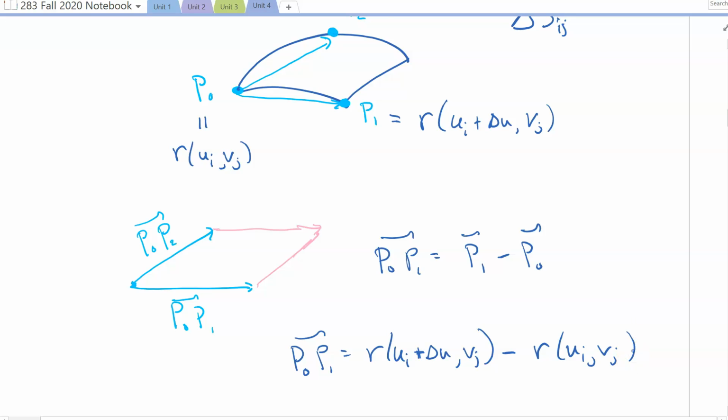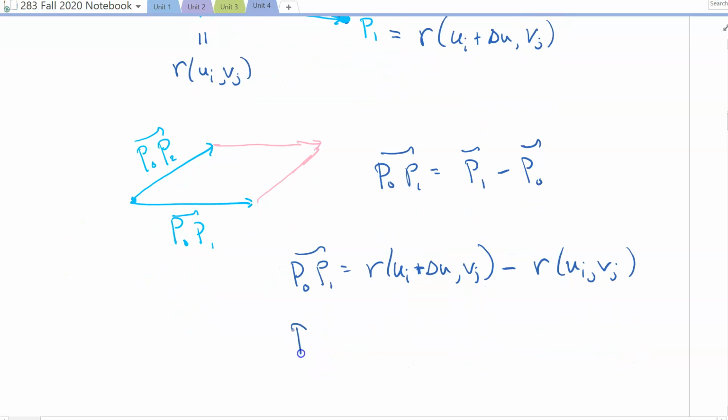Okay, and likewise from P0 to P2, this time we're fixing u at u sub i. We're going to let v vary. It's going to vary from v sub j plus delta v, minus the same starting point.